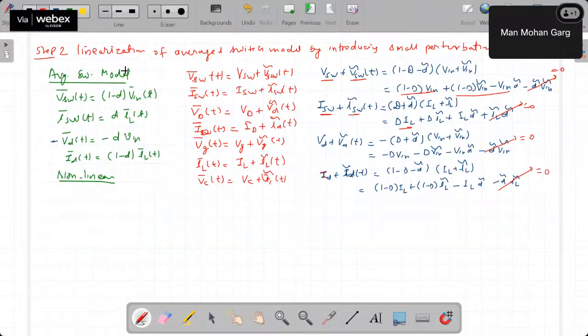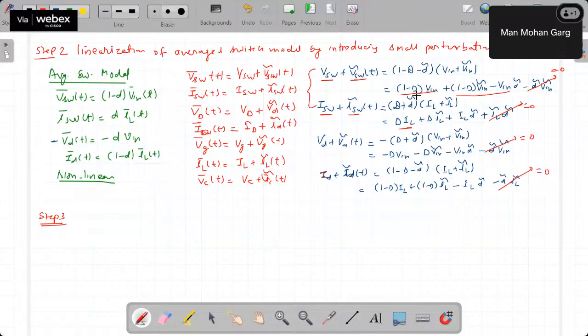But before we go for the next step, what we are going to do now? We have obtained the relation of voltage and current in the switch in terms of inductor current, output voltage, or input voltage.